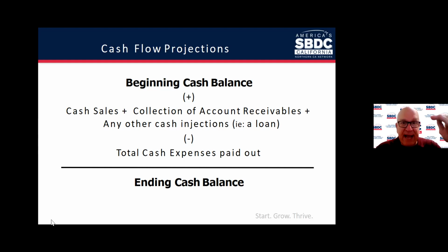And then you're going to make sales, cash sales. You may have accounts receivable where you bill someone they haven't paid you yet, okay? The other injections, and then minus what you've paid out for rent and lights and insurance and all those little pieces, okay? Then you end up with an ending cash balance, as you'll see when we get to the spreadsheet, okay?